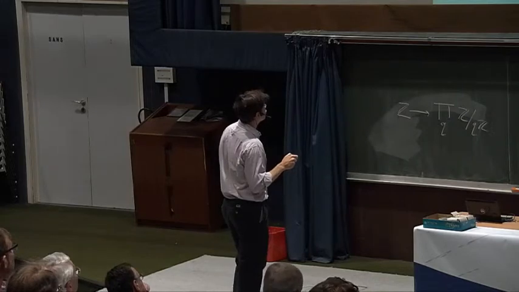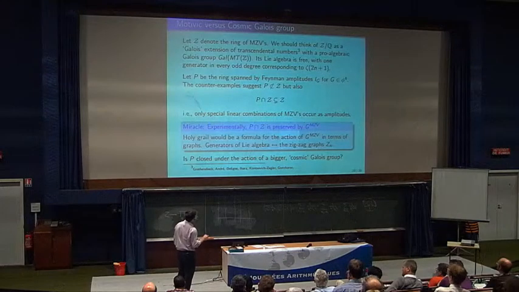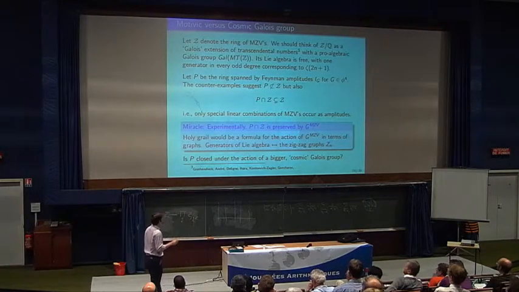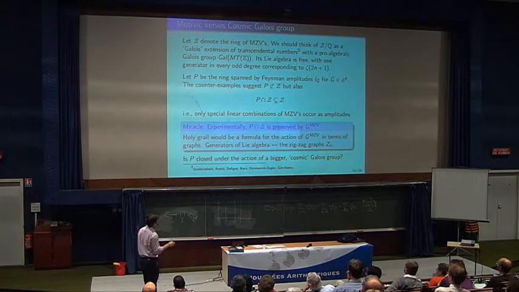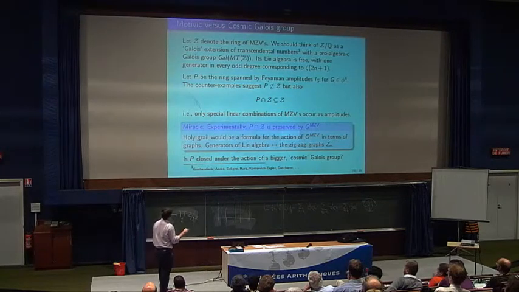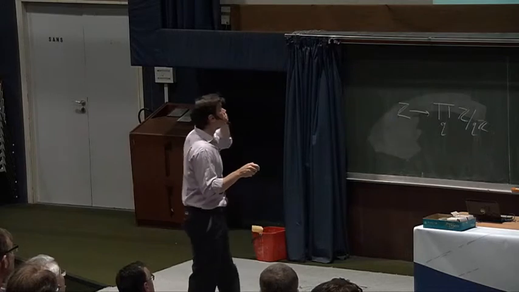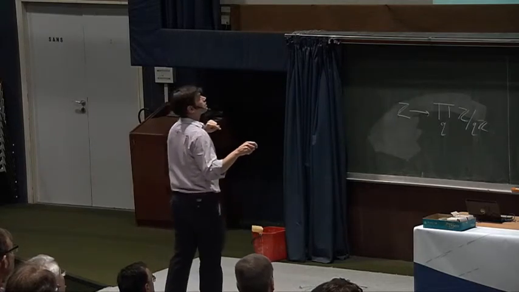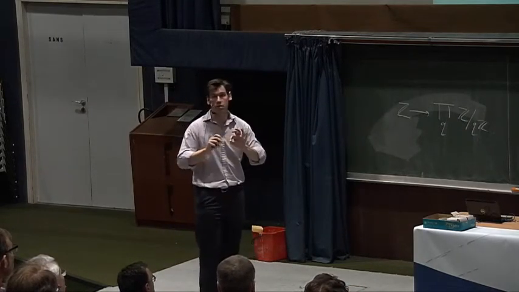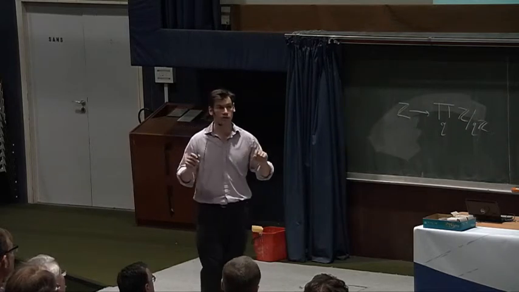Now let's look at the ring spanned by Feynman amplitudes and try to do an analogy. I take the set of all physical graphs, phi to the 4. What we know, from these counterexamples, is that we don't expect these numbers to be multiple zeta values at all. They go way beyond. But also, those which are multiple zeta values are very special linear combinations of multiple zeta values.